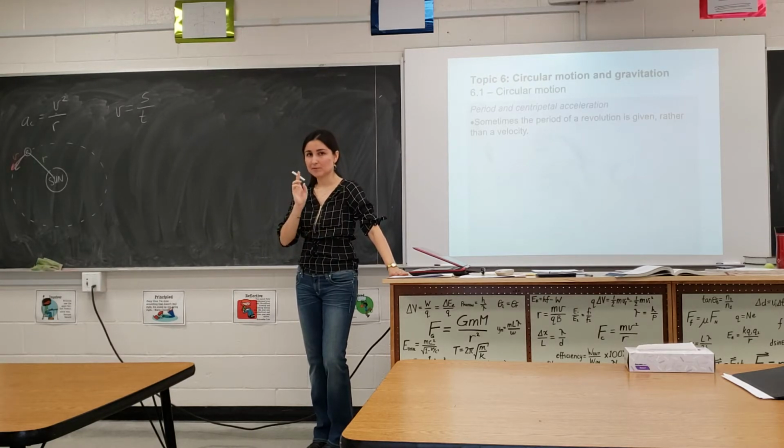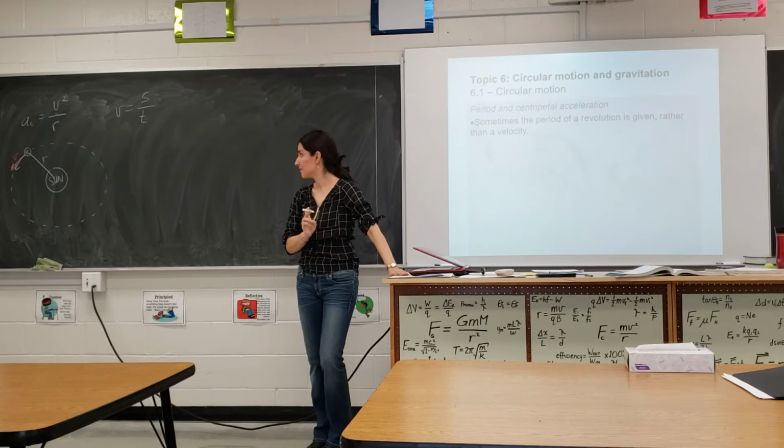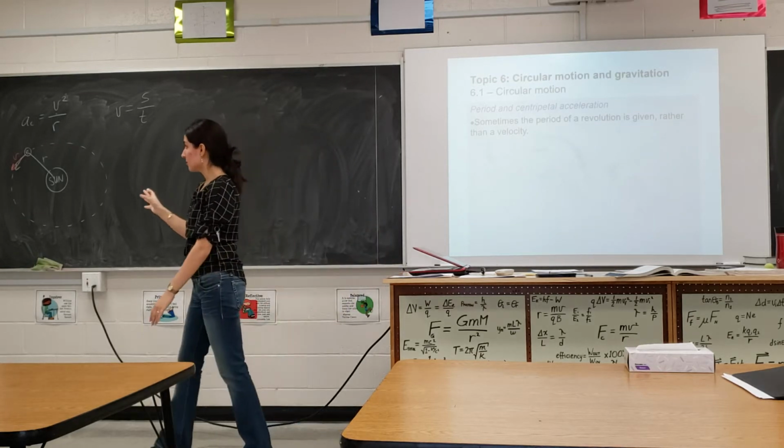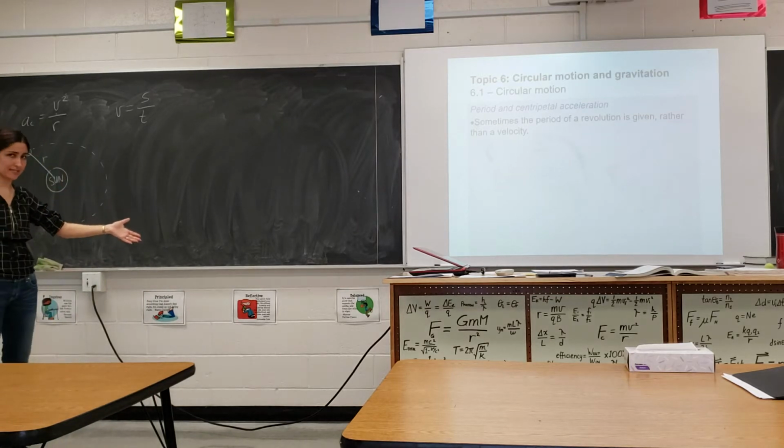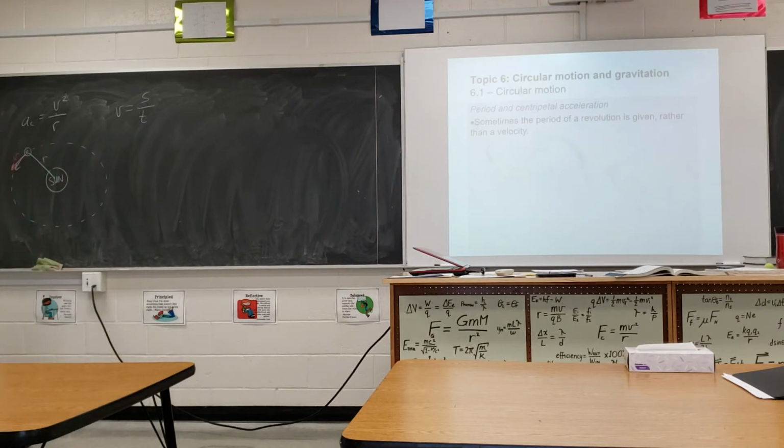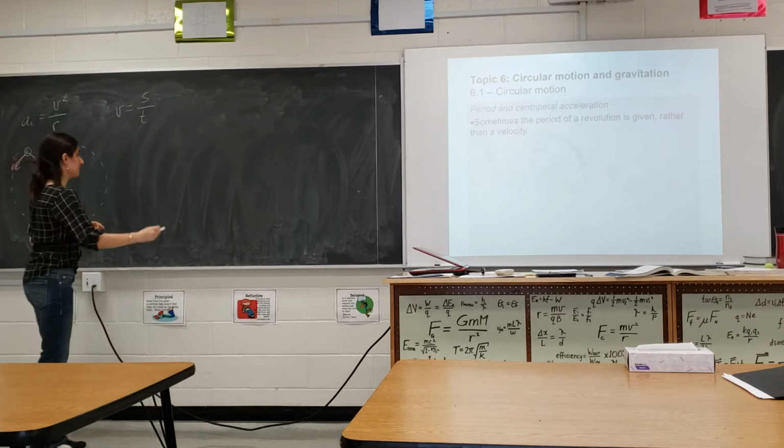Now there's a little bit of a disclaimer there. Here we have acceleration. We just call it centripetal acceleration, but we don't have linear acceleration. So that's the fine print. You can only use this formula when the linear acceleration is 0.